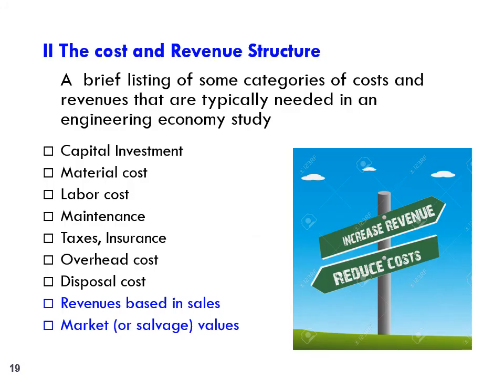The cost and revenue structure is the second basic component of the integrated approach for developing the cash flows. This is a brief listing of some categories of costs and revenues that are typically needed in an engineering economics study. Detailed data are developed and organized within this structure for use with the estimating techniques that we will learn to prepare the cash flow estimates.